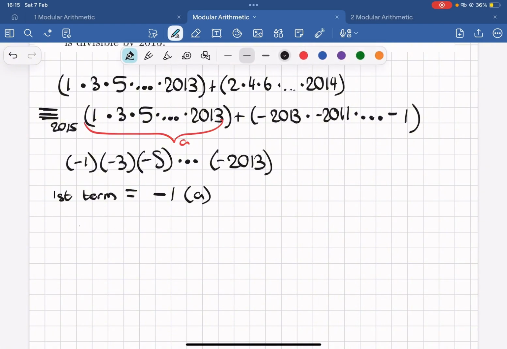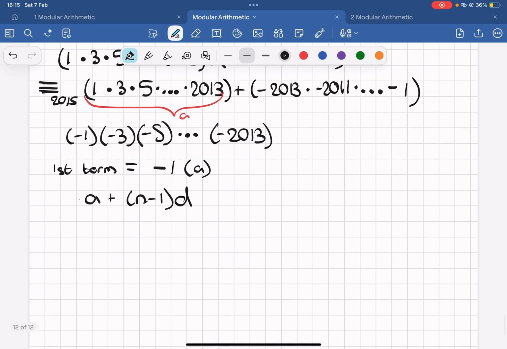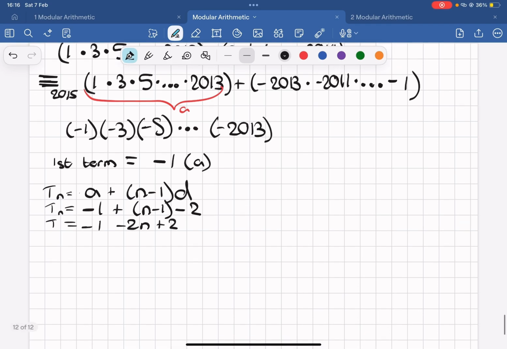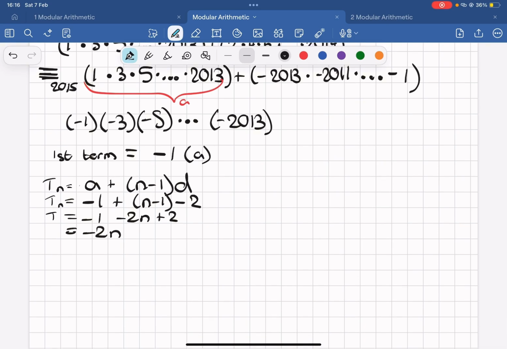Now here the common difference is minus 2. So we've got minus 1 plus n minus 1 times minus 2. If we expand this, let's call this tn, minus 1 plus minus 2n plus 2. So we've got minus 2n plus 1. That's our term rule.